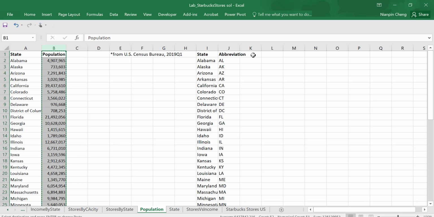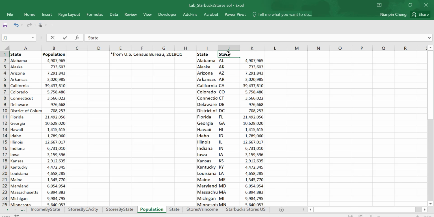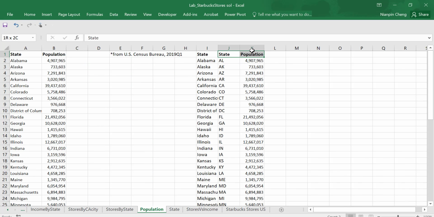Just copy and paste here. And this is state. And remember here the state is sorted, okay? So we also need to sort this information.